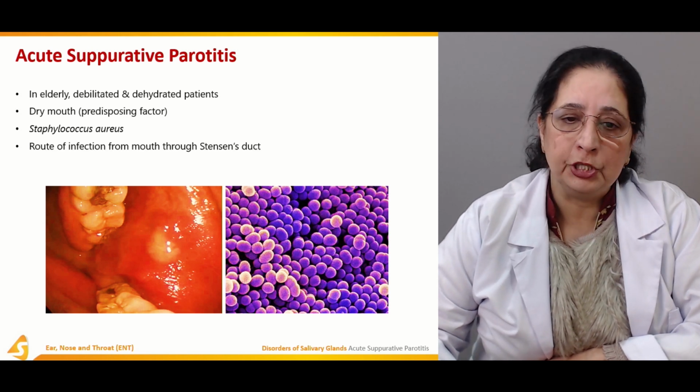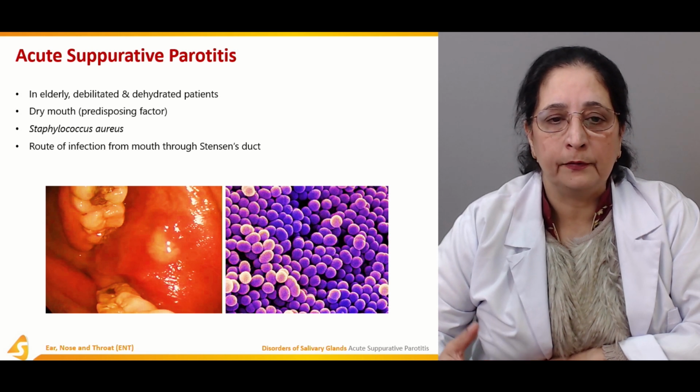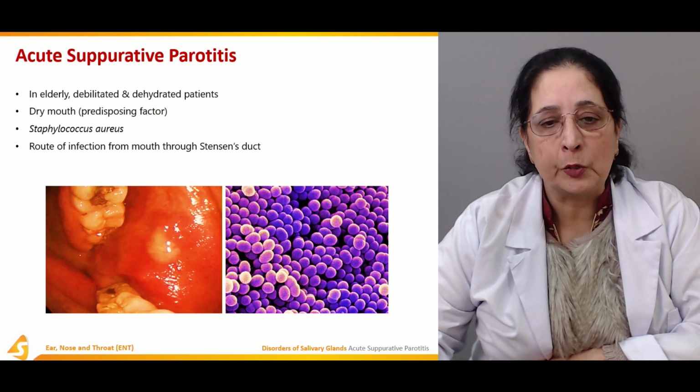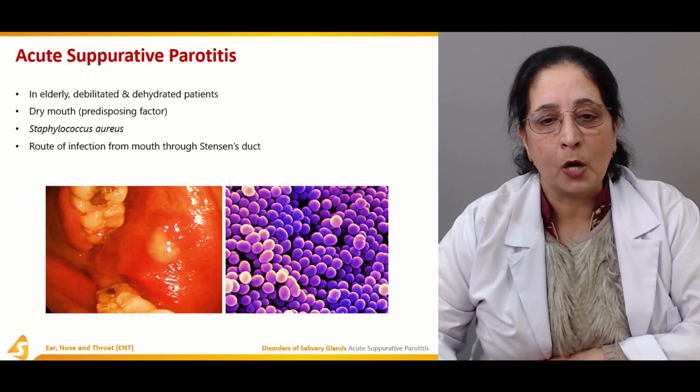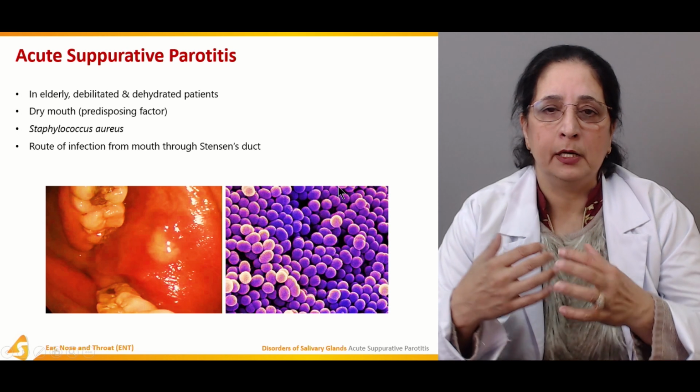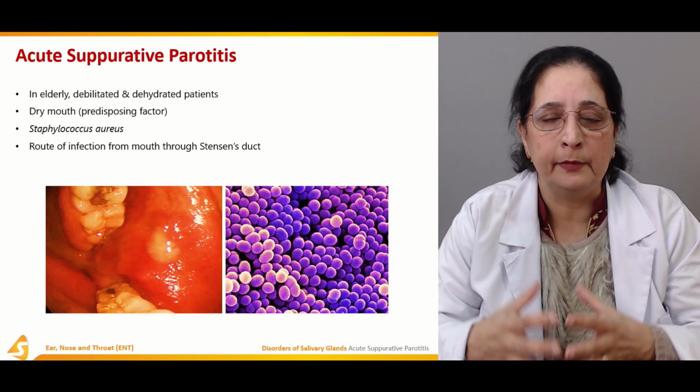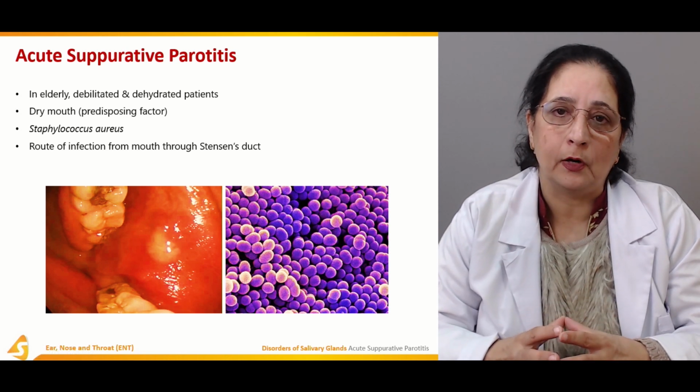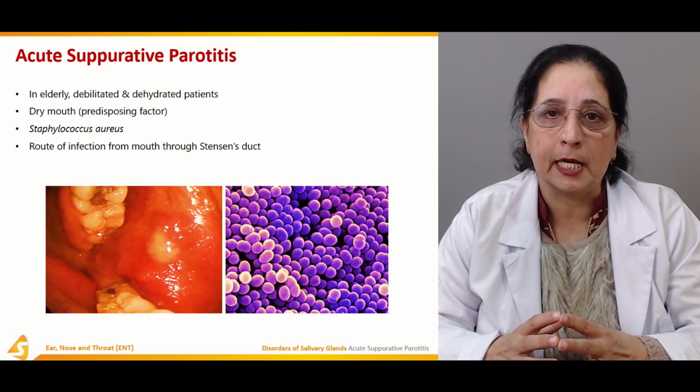The route of infection of acute suppurative parotitis is from the mouth through the Stenson duct. So from the mouth through the Stenson duct, infection reaches the parotid gland and causes parotitis.